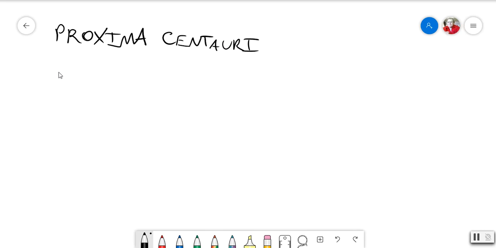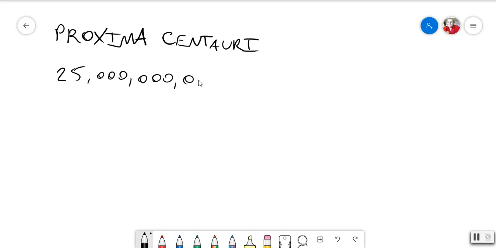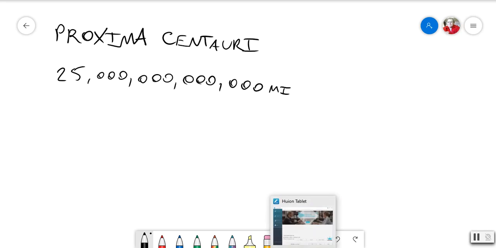And in miles, it is about 25 trillion miles away from us, which is quite a long distance.